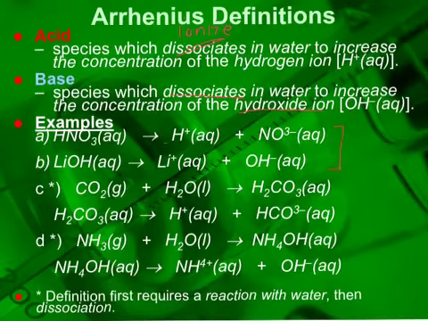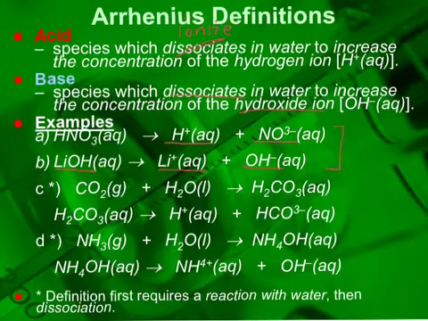Nitric acid ionizes into hydrogen ions and nitrate ion, whereas lithium hydroxide dissociates into lithium ion and hydroxide ions. However, for some species, it requires the reaction of water before it can ionize to produce hydrogen ions or dissociate to produce hydroxide ions, and these are called the modified Arrhenius definitions.